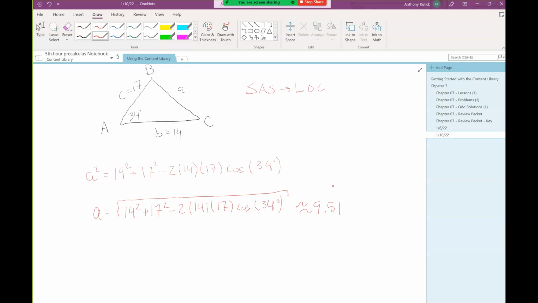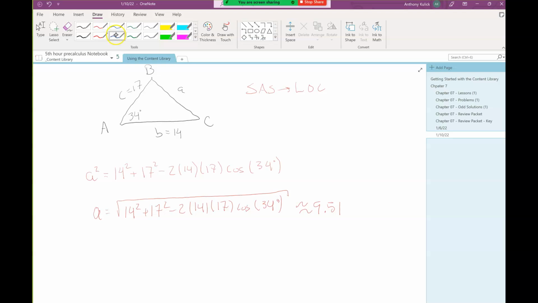But Mr. Kulik, I don't know angle B or angle C. How can I tell which one is smaller? Look at the sides opposite the angles. The side opposite angle B is 14. The side opposite angle C is 17. So which angle is smaller? B, because the side opposite angle B is smaller.